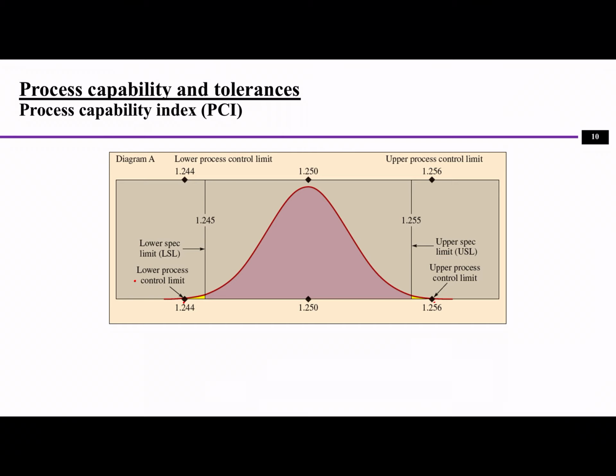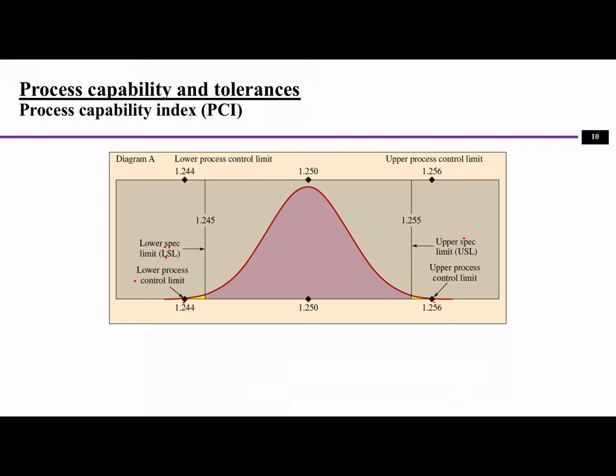Another 2 points we want to see are the lower specification limit, and this is the upper specification limit. So the specification limit is within 1.245 to 1.255, but the process control limit is actually at 1.244 to 1.256.